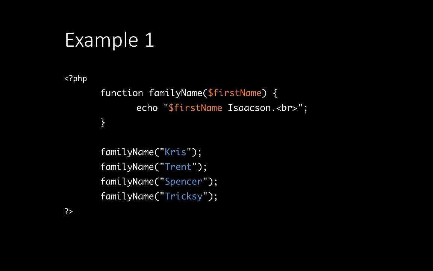So in the first case it would say Chris Isaacson. The second time, the word Trent fills in for that variable first name, so it says Trent Isaacson, then Spencer Isaacson, and Trixie Isaacson. So that's how we pass a single parameter.